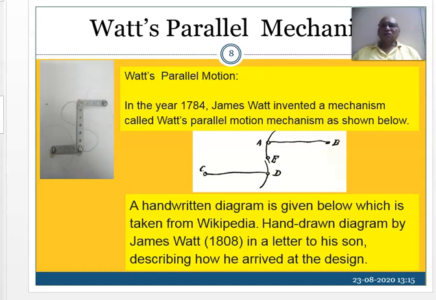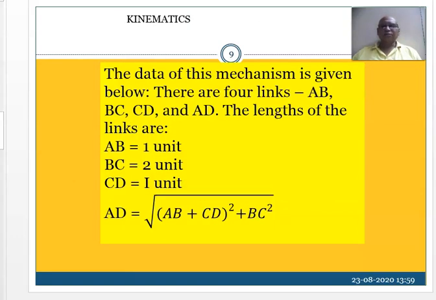This was actually handwritten by James Watt himself, and as per him, this is his best innovation in his life, even more significant than the steam engine. So the second problem was related to that.